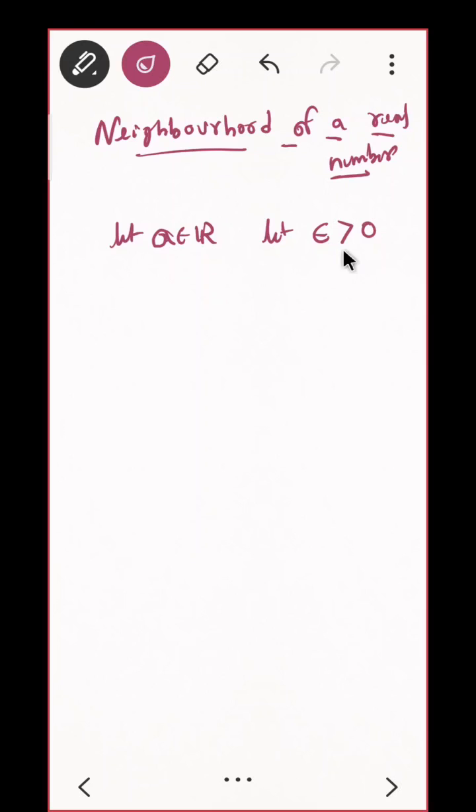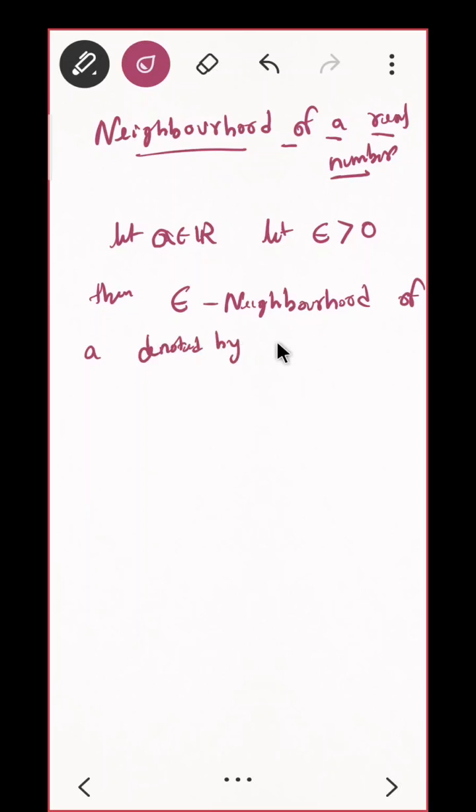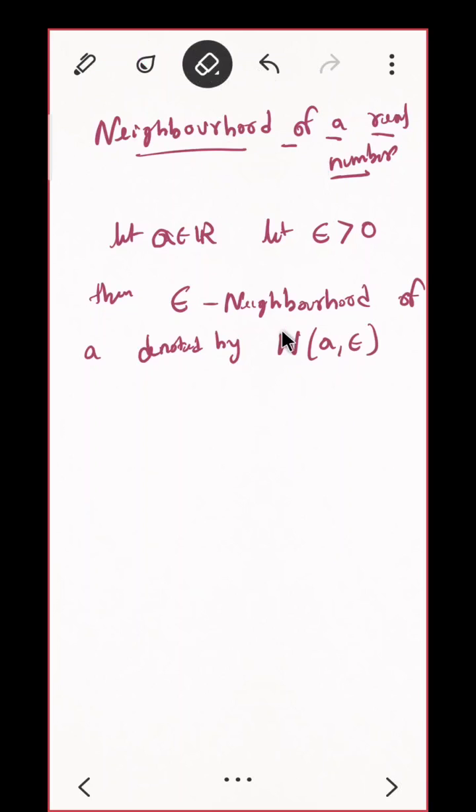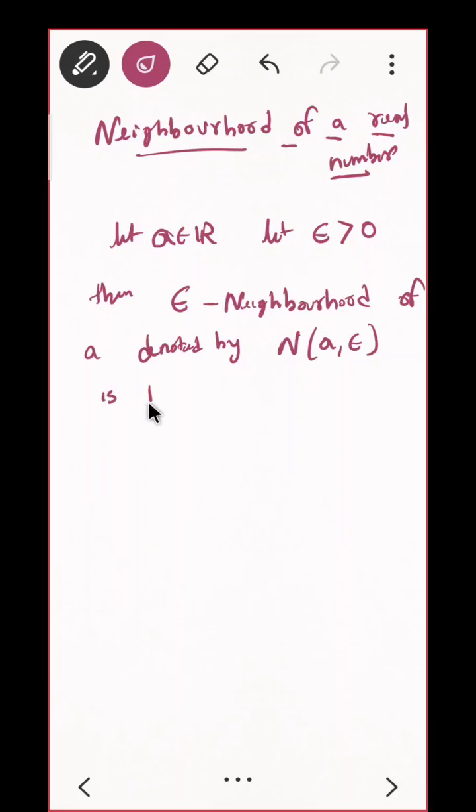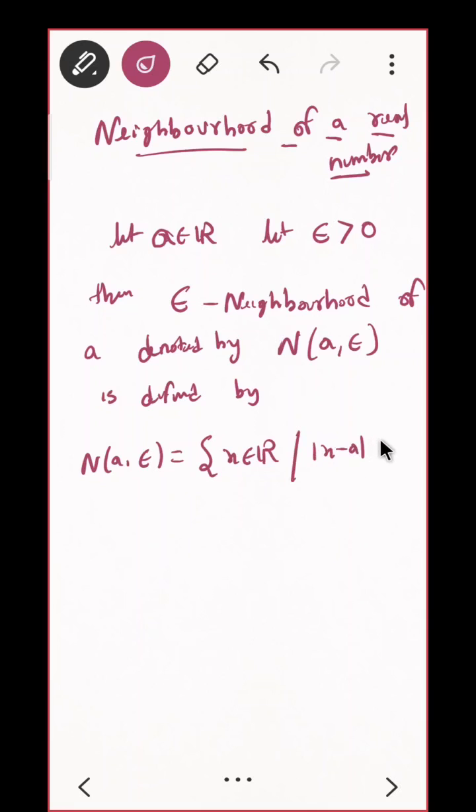Then we'll see the epsilon neighborhood of a is denoted by N of a comma epsilon, and is defined by N of a comma epsilon equal to the set of all points x belonging to R such that mod of x minus a is less than epsilon.